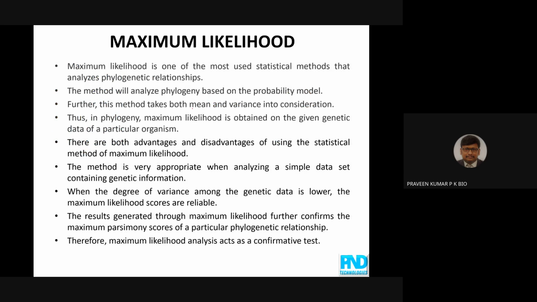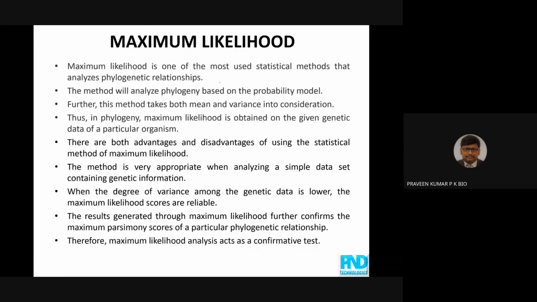Next, we come to the maximum likelihood. Maximum likelihood is one of the most used statistical methods that analyzes phylogenetic relationships. I told you, if you are comparing more closely related species, use parsimony. Next to that, you can use likelihood. Like 98, 99, 100% similarity, use parsimony.